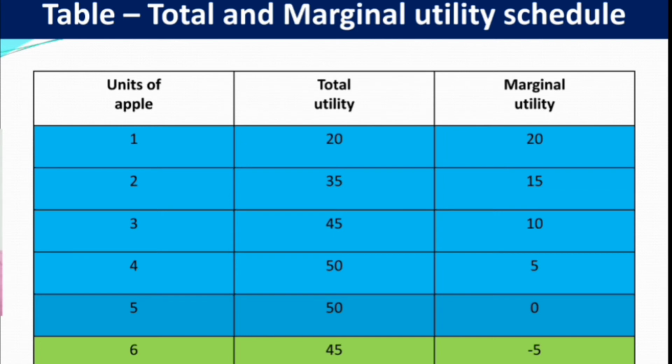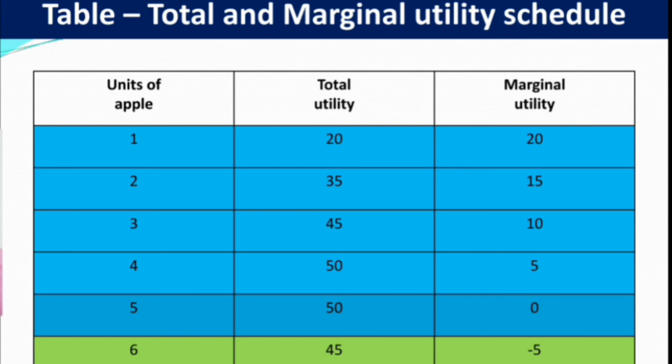If you take the sixth apple, your marginal utility goes negative, and the total utility starts to decrease. And again, if you take the seventh apple, the marginal utility will be only minus 10. This is the stage where you really feel like vomiting because of overeating.